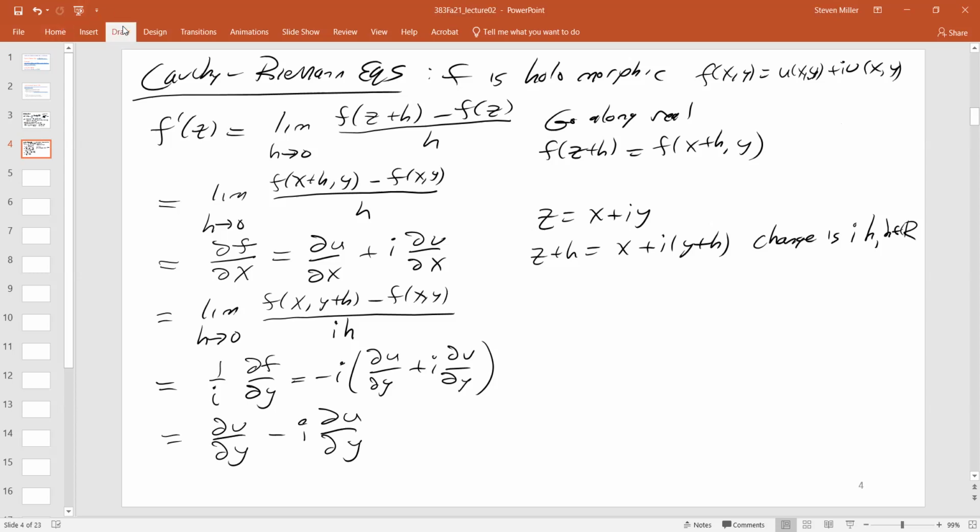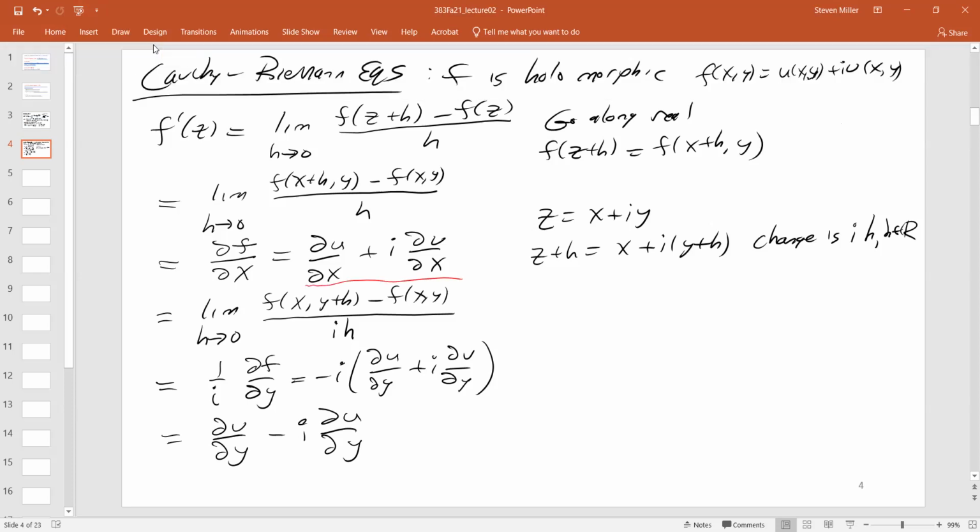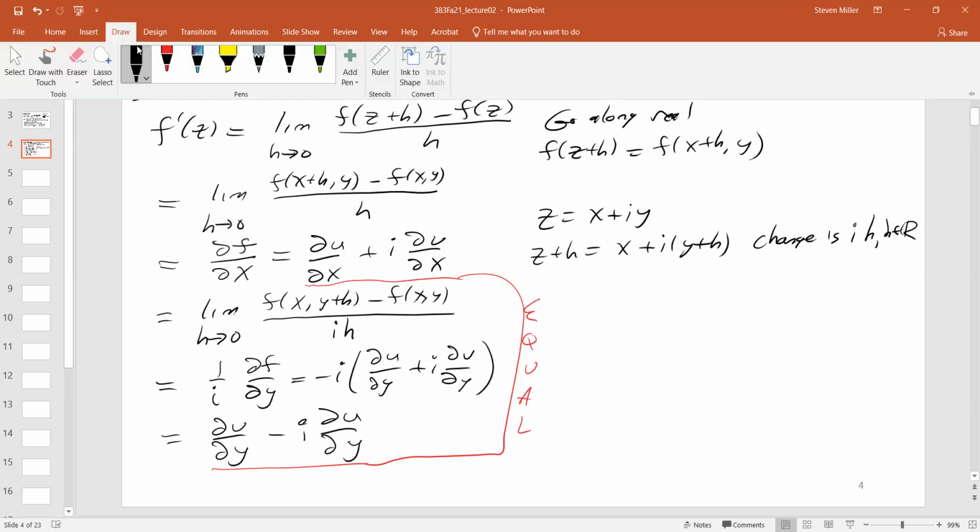Okay, so now we have two beautiful expressions. We have this expression over here and this expression over here, and these are equal. We're assuming the function is differentiable. We're assuming the function is holomorphic. So since the function is holomorphic, it doesn't matter which path I use. They have to be the same.